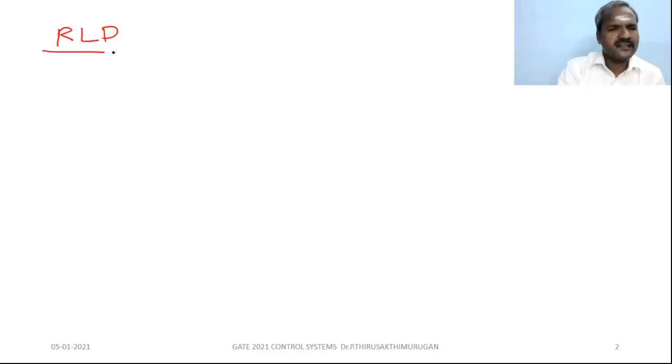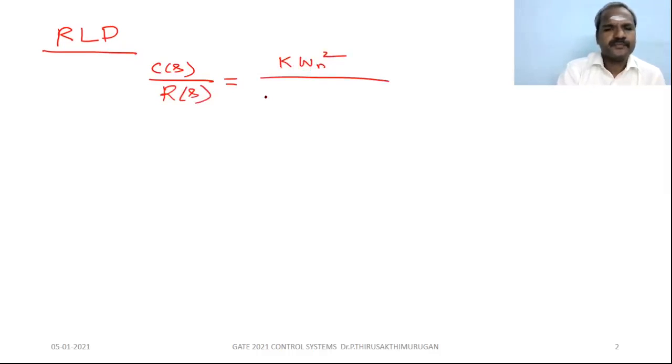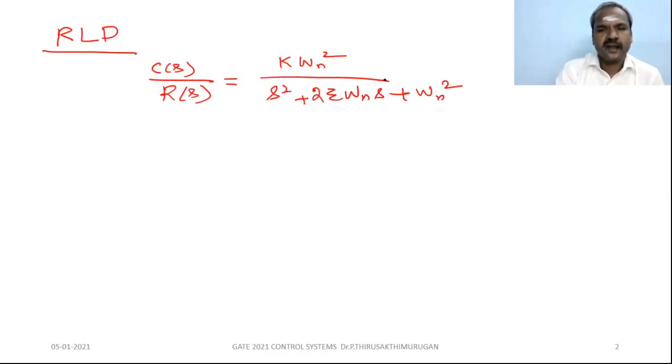Root locus diagram. Consider a closed loop transfer function, a second order transfer function, C(s)/R(s) equal to K omega_n squared divided by s squared plus 2 zeta omega_n s plus omega_n squared. This all of us know, right? We know this characteristic equation.